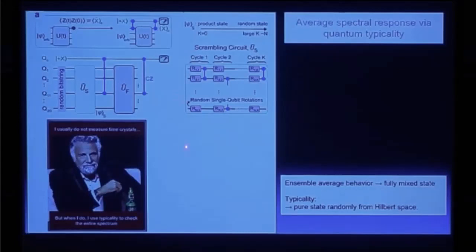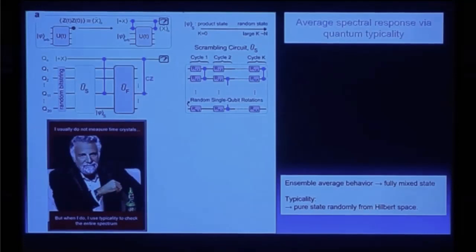You have a layer of microwave pulses followed by entangling gates, and that takes your product state fully scrambled in the Hilbert space of the system. Depending on the number of cycles, you have better or worse scrambling. After you do that, you're resting on the assumption of typicality, that this pure state randomly chosen from the Hilbert space shows the typical behavior of the spectrum.